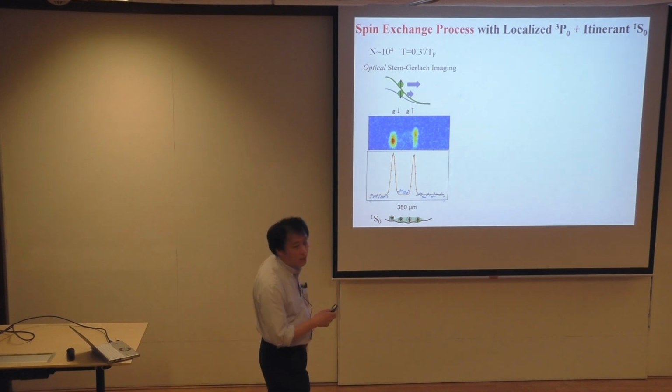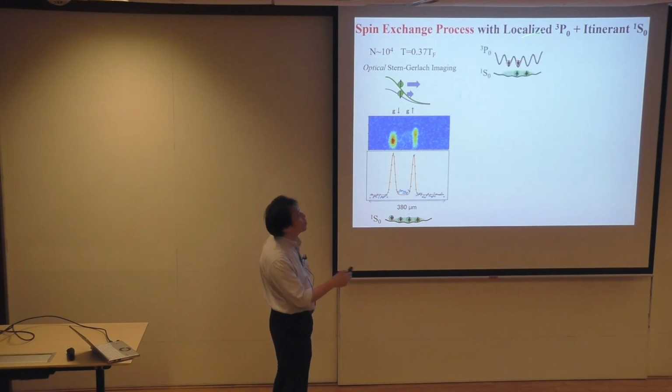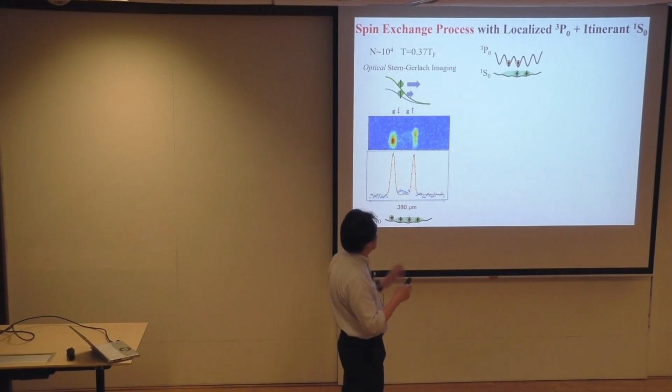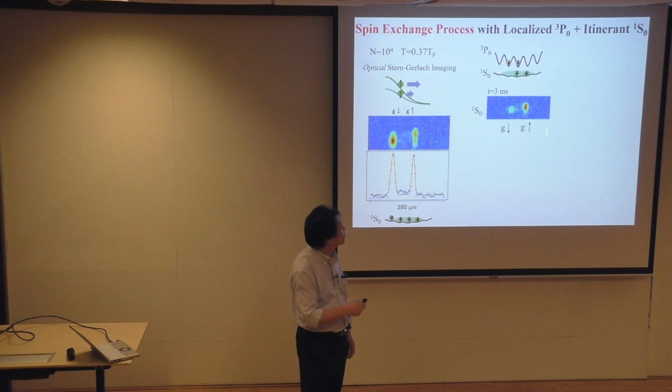To induce the spin exchange process, we transfer spin down atoms in the ground state into a triplet P0 state. Then we have a large spin imbalance in the ground state, as shown in this Stern-Gerlach image.